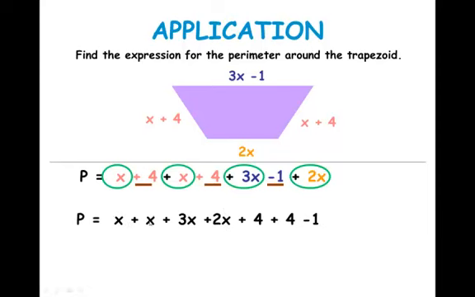So x plus x is 2x, plus 3x is going to be 5x, plus another 2x is 7x. So we're going to have 7x, 4 plus 4 is 8, minus 1 is 7. So our answer to this problem is simplified. The perimeter of this trapezoid is going to be 7x plus 7.